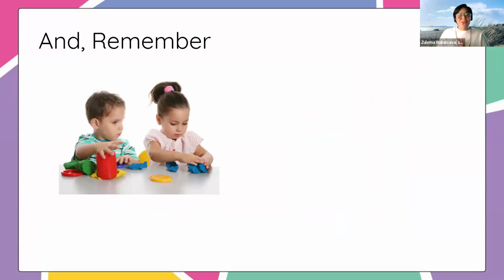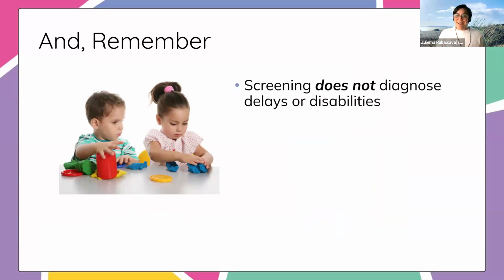But I also want to just remind everyone that screening does not diagnose, right? So if you get a screening questionnaire completed and it shows us some delays, and we'll talk more about what that looks like, it's not saying specifically that this child has a developmental delay or a disability, right?